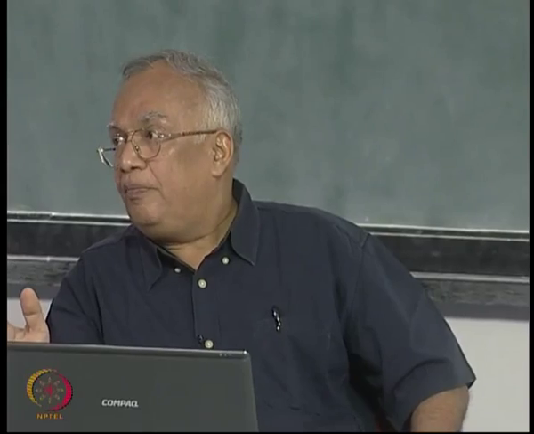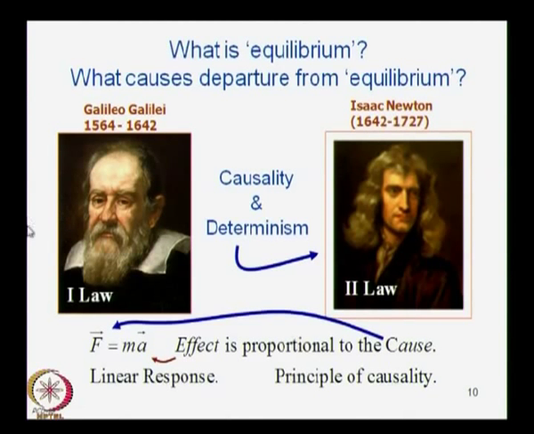In the absence of acceleration, the body is in equilibrium. When acceleration is 0, the velocity is constant and the body is in equilibrium. That requires no cause. When you change the velocity, you look for a cause, and there is a linear relationship.